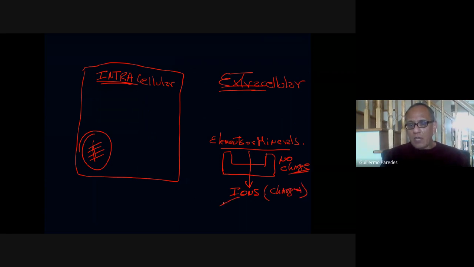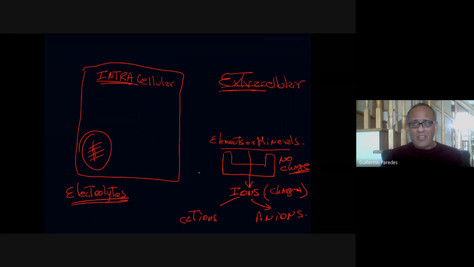These ions are divided into cations and anions. Cations are positive. How to remember that? Cation, the t is a plus sign, positive. If cation is positive, anion is negative. Okay? Now, we have another term called electrolytes.